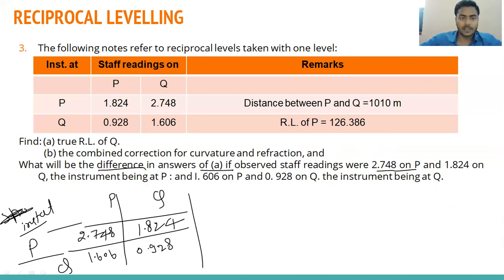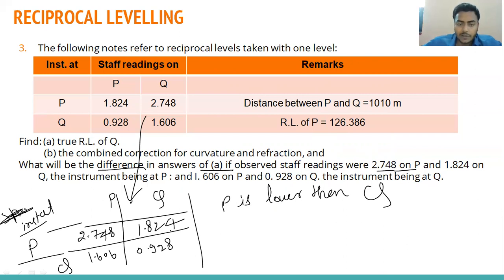You can see the reading is just reverse from the previous one. The staff reading at P is higher than Q. It means the elevation of P is lower than Q.